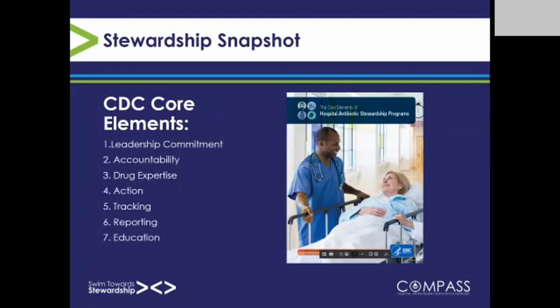Reporting speaks to the regular reporting of information on antibiotic use and resistance to doctors, nurses, and other stakeholders. And lastly, education. It's important to educate our clinicians and our healthcare team, and also our patients and families about resistance and optimal prescribing.